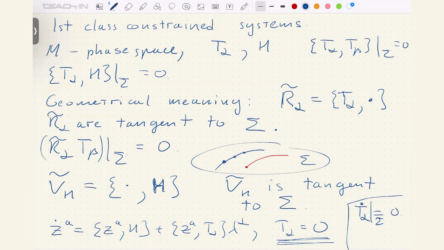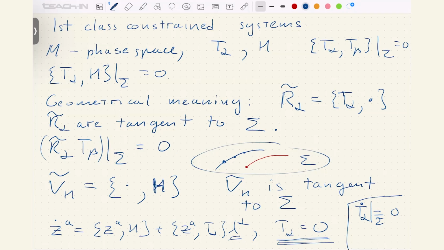This is quite in contrast to second-class constraint systems, where the consideration of analogous consistency conditions led us to non-trivial equations, which were enough to express the Lagrange multipliers lambdas in terms of other variables.